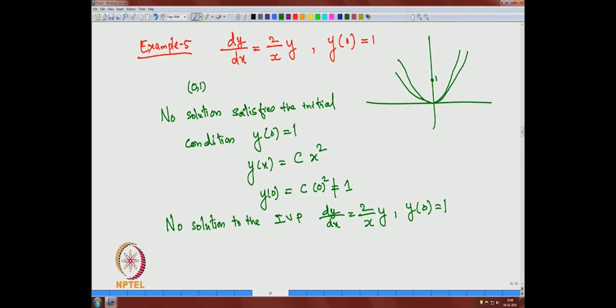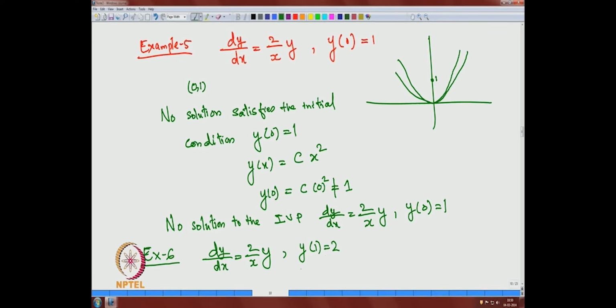And one more thing we observe, that if we change the initial condition for the same problem, say example 6, the same differential equation dy by dx is equal to 2 by x y, and y at 1 is 2, say for example. I am giving a condition at 1 which is a non-zero condition, the value is non-zero.